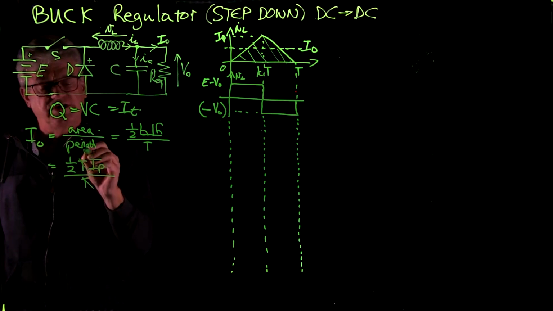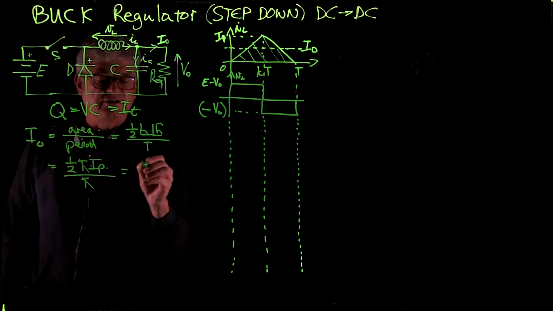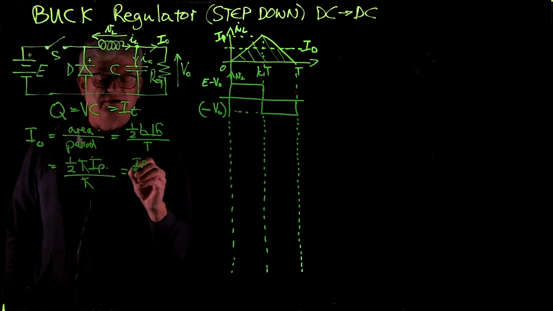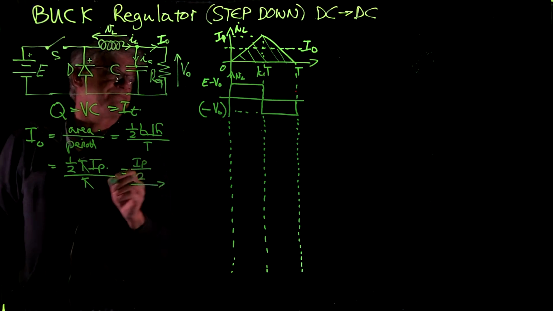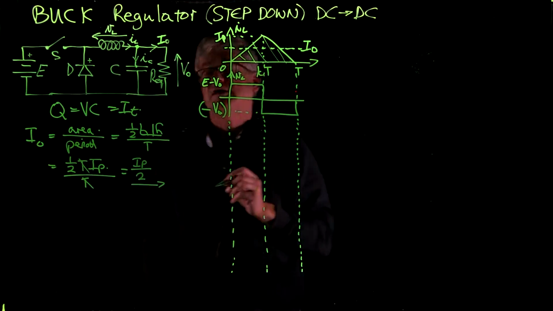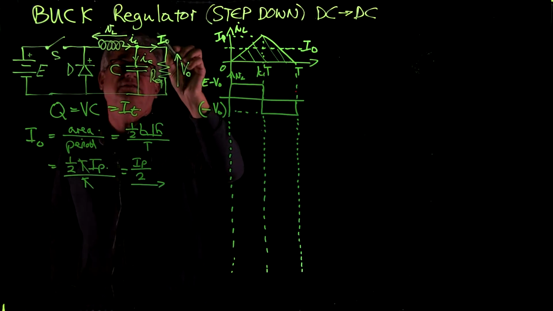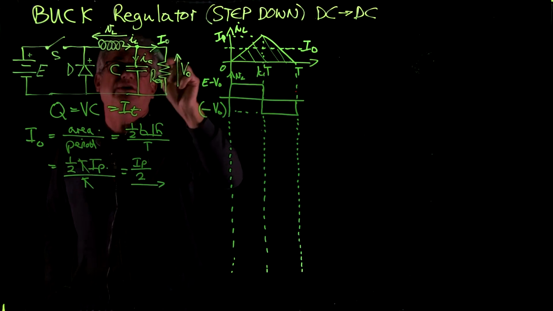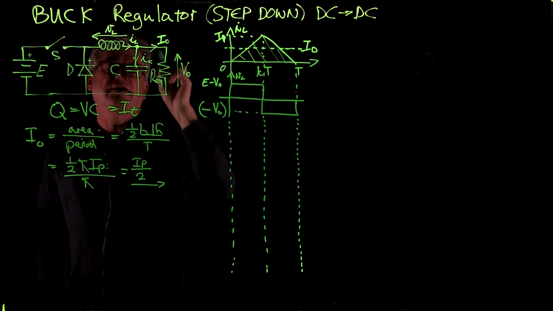This T goes into that T once, and therefore I can say that I out is equal to the peak current through the inductor divided by 2. So now I have I out, I have the ratio between I out and IL, and the peak of IL.